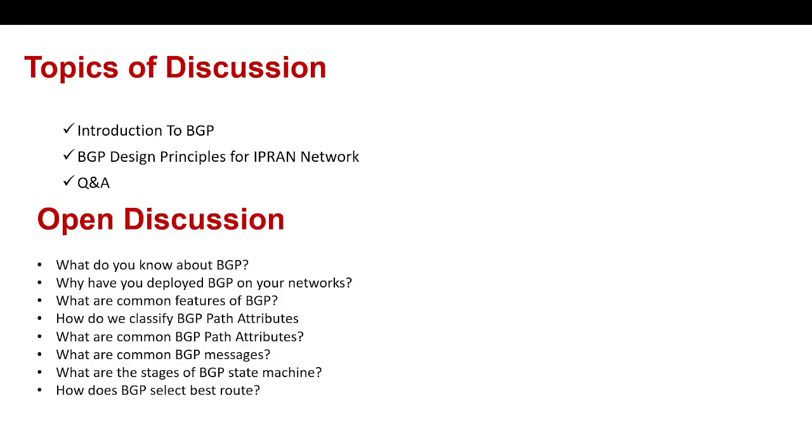Okay, BGP uses TCP port 179 to establish a connection for the handshake. Thank you. So it uses TCP port 179. Any other feature that we know of?